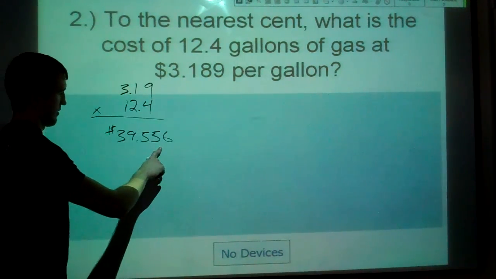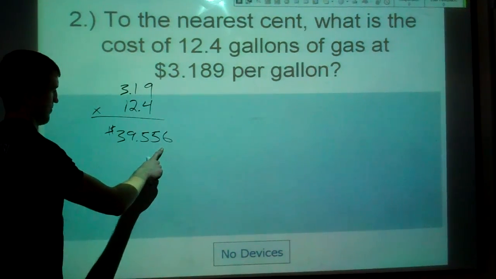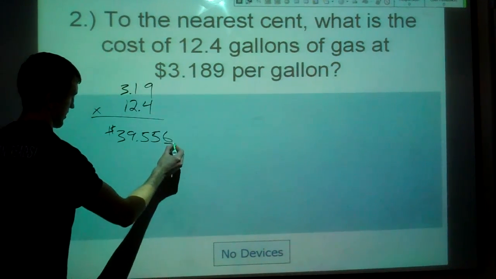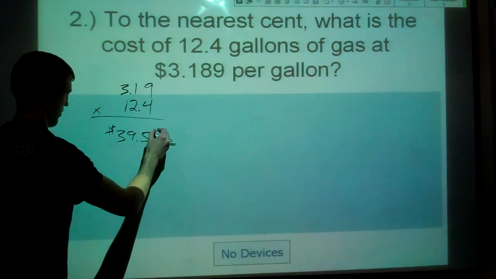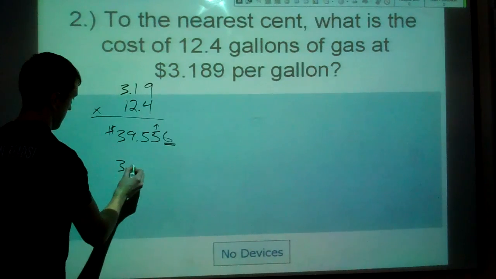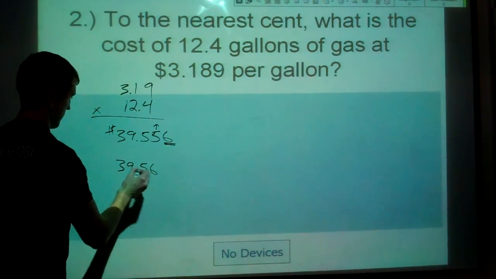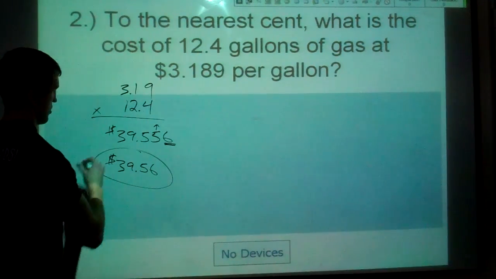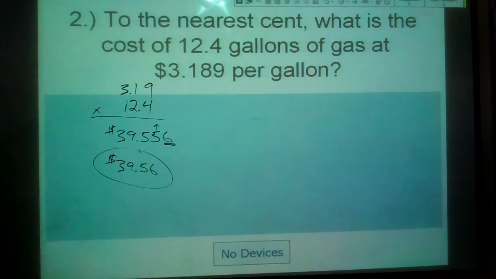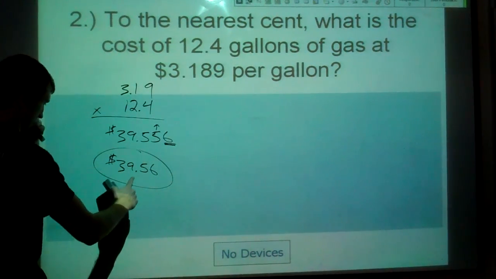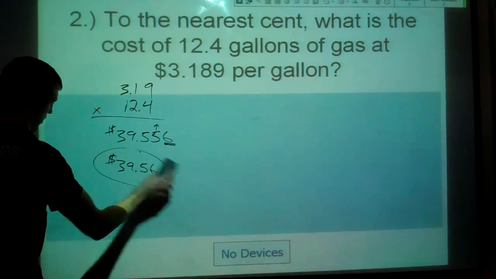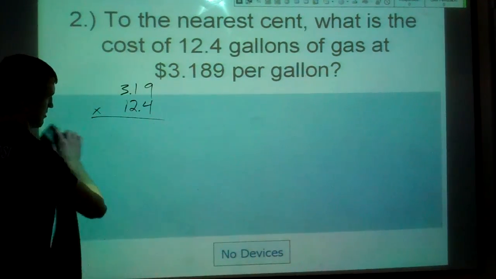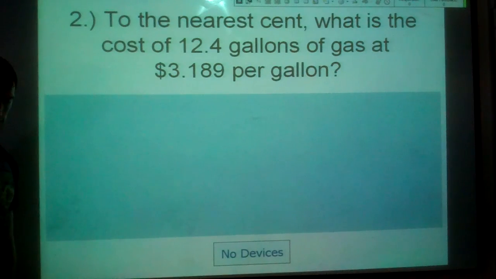So this is 55 cents right now, but this 6 is going to tell us to round this up to $39.56. Some of you earlier today rounded this up to $39.60. That's to the nearest 10 cents. We just want it to the nearest 1 cent.